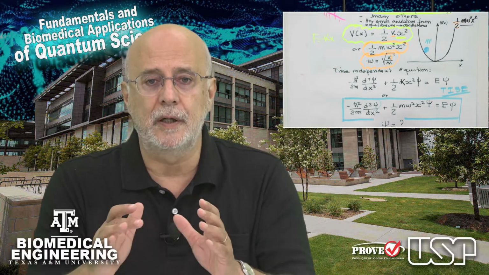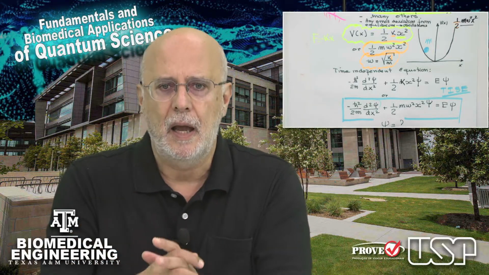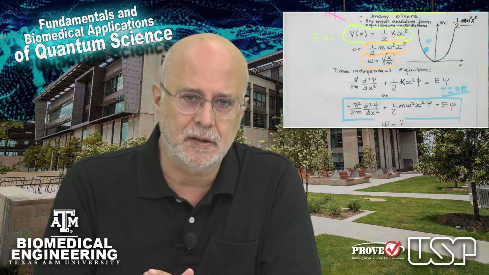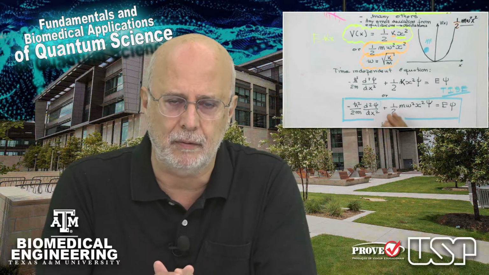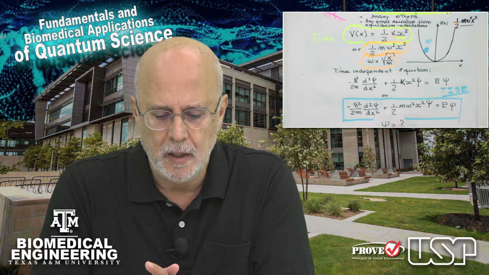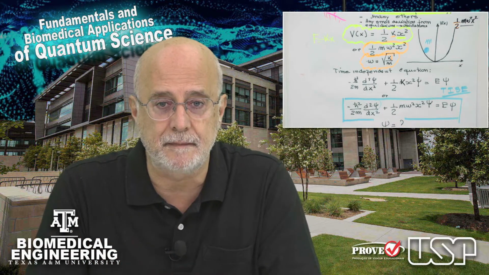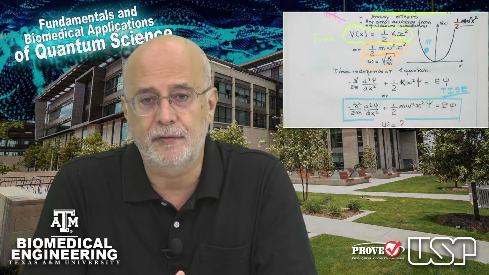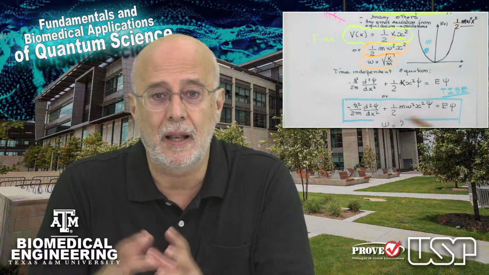Don't worry, soon we're going to change, and we're going to start to put in potentials that depend on time, because in many applications, especially in biomedical systems, things depend on time. And we will solve a few problems with time dependence, in particular the interaction of the energy of the electromagnetic field with the atomic system, with the electron in there.